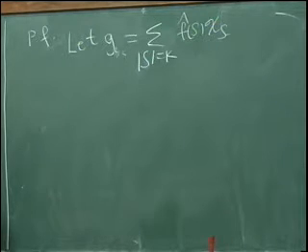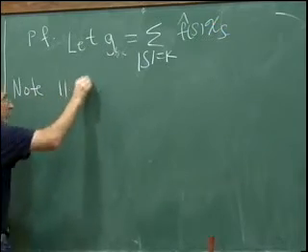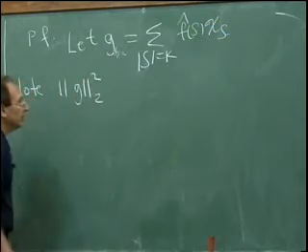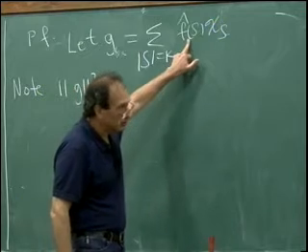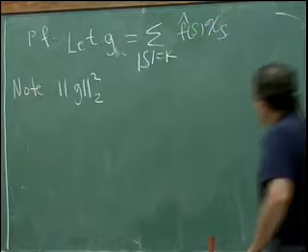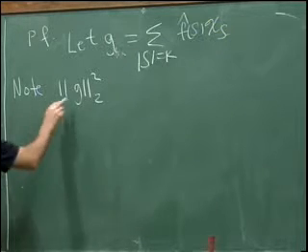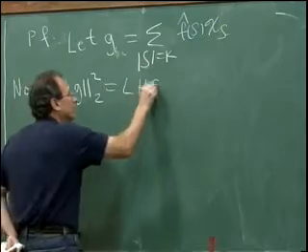And you will note that the L2 norm of G, that's the sum of these Fourier coefficients, is precisely the left-hand side of the theorem. We're trying to get a bound on this piece here, and that piece there is exactly the L2 norm of G. OK, so note this is the left-hand side.